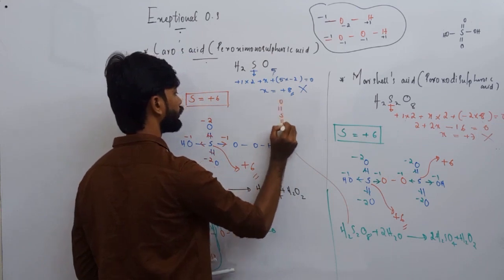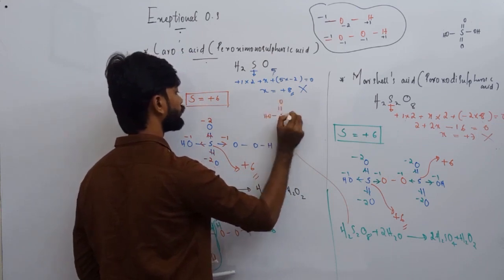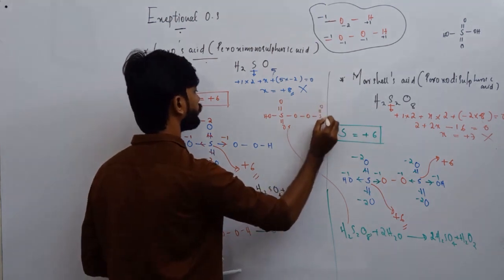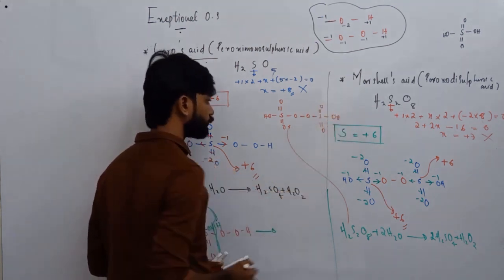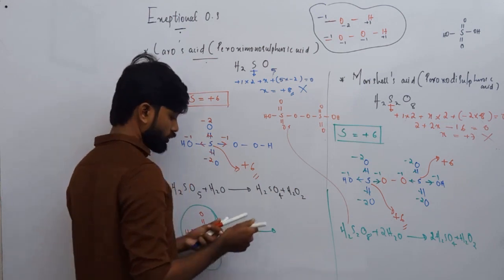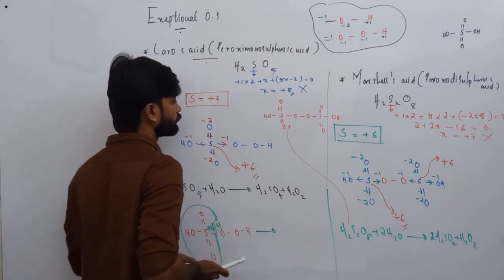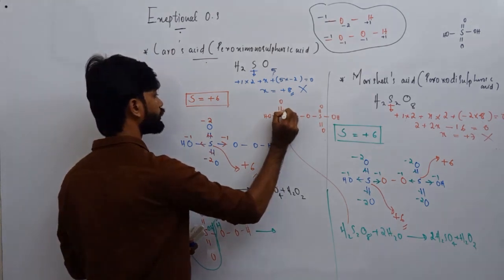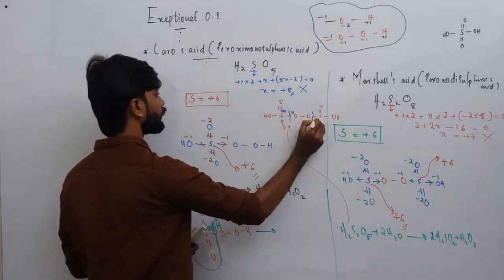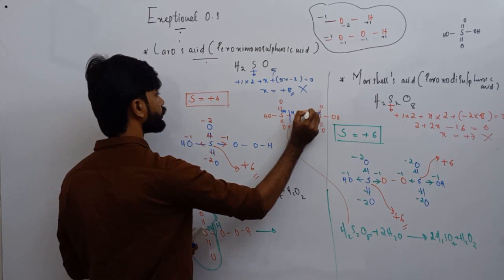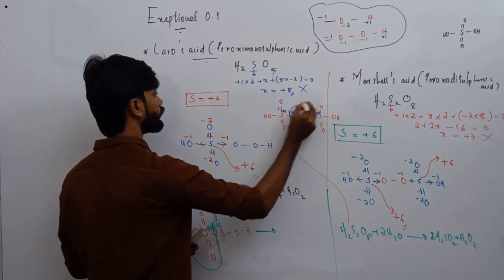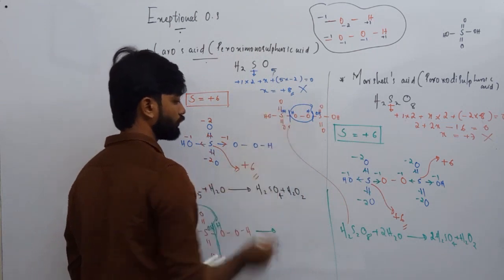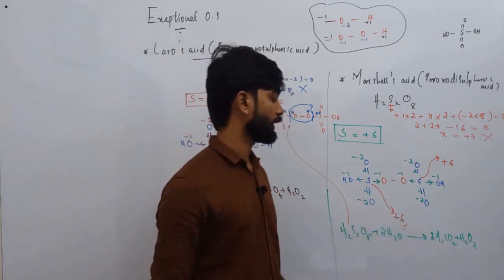H-O, double bond O, double bond O, O, O, S, double bond O, double bond O, OH. And the hydrolysis will be like this. Cleave OH, H. Cleave OH, H. This becomes hydrogen peroxide, and this becomes sulfuric acid. This also becomes sulfuric acid. So 2 moles of sulfuric acid.